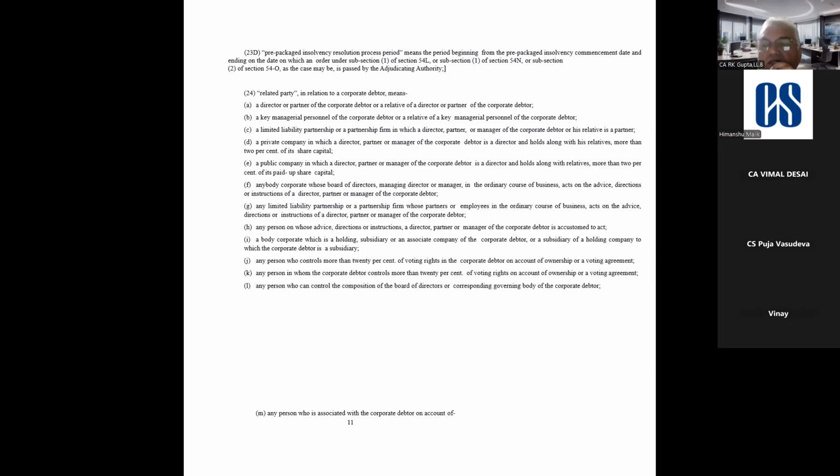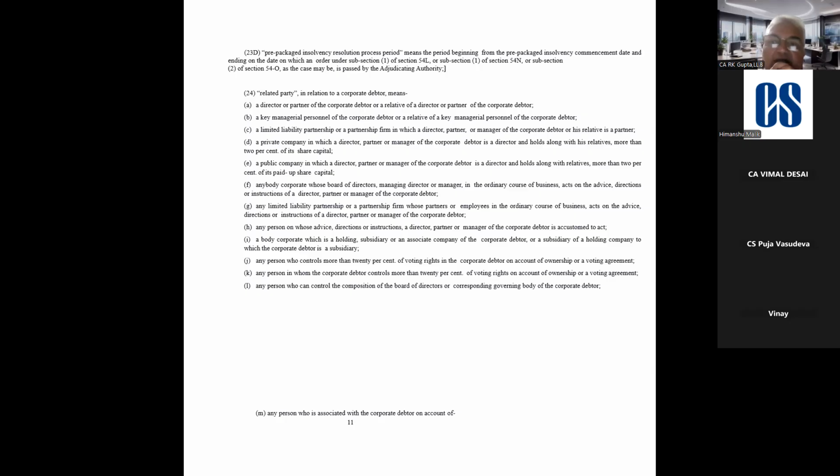There is an intelligible differentia between financial creditors and operational creditors. Financial creditors can initiate the process even despite default, but even despite dispute. But operational creditors cannot initiate this process if there is a dispute. This is one distinction. Then normally financial creditors find a place in the committee of creditors.